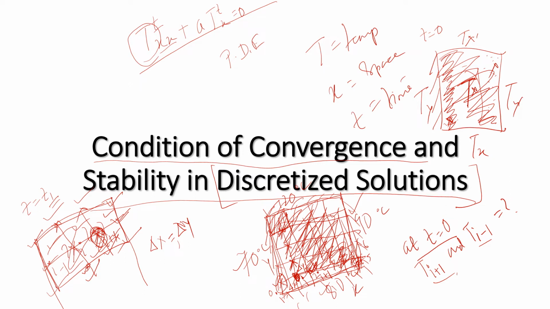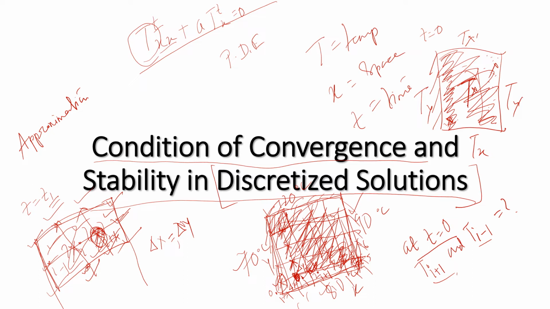However, both the differential equation solution and the discretized solution are actually approximations of the solution of that partial differential equation. It is not the true solution. That is why we try to iterate the solution.